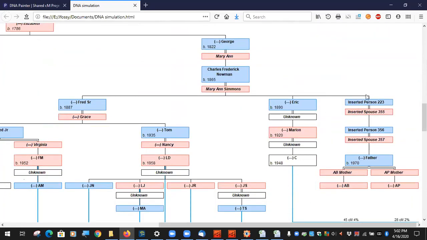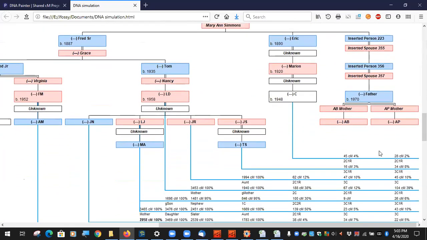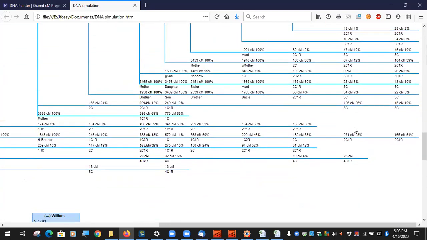Another one here would be, okay, basically a sibling to Fred Sr. and Eric from Charles and Marianne. And then the father would be a grandchild of theirs. And likewise then it shows the percentages.